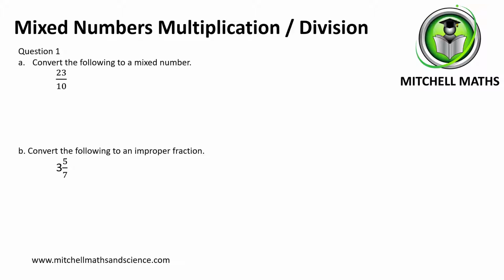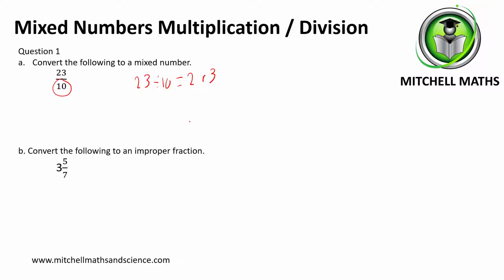In order to convert the improper fraction 23 over 10 into a mixed number, we first need to look at the bottom, which is 10, and think how many times does 10 go into 23? Well, if we divide 23 by 10, and you can do this by whatever method you like, you get 2.3, or we could say 2 remainder 3.